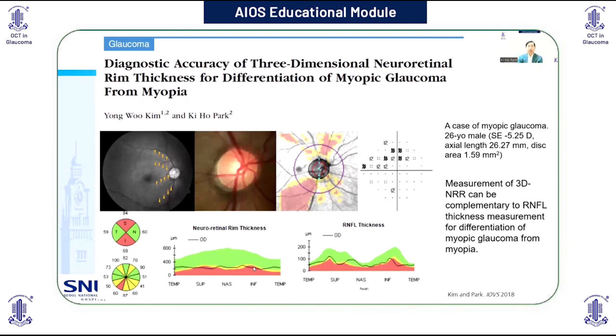So we can combine both 3D neuroretinal rim thickness and RNFL thickness and also GCIPL thickness to detect glaucoma in myopic eyes.